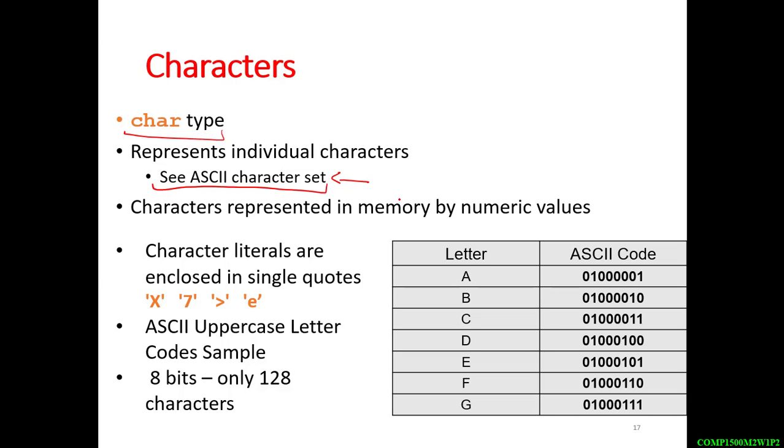So these are how the characters are stored. When I press A on my keyboard, this ASCII code will be stored in the memory representing A. When I press B, this is the ASCII code for B, and so on. So this is how characters are represented within our memory as numerical values.